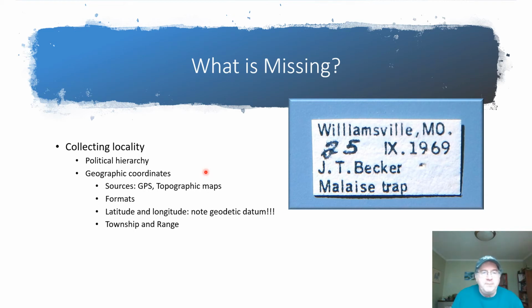So you can report latitude and longitude either in the format of degrees, minutes, seconds, or degrees, decimal minutes, or degrees, minutes, decimal seconds, or decimal degrees. So there are many different ways of recording it.